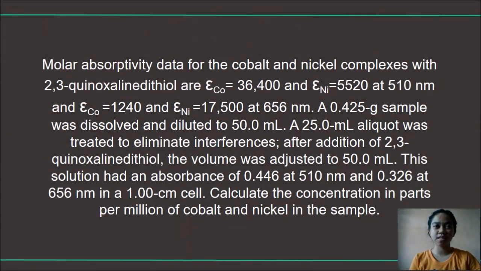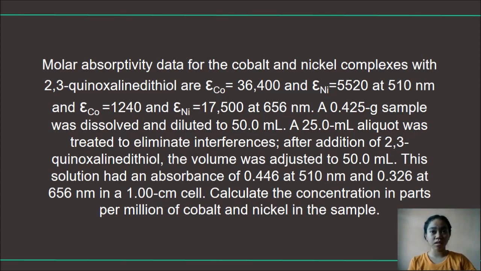Molar absorptivity data for the cobalt and nickel complexes with 2,3-quinoxalinediol are 36,400 and 5,520 respectively at 510 nanometer, and 1,240 and 17,500 at 656 nanometer. A 0.425 gram sample was dissolved and diluted to 50 ml.